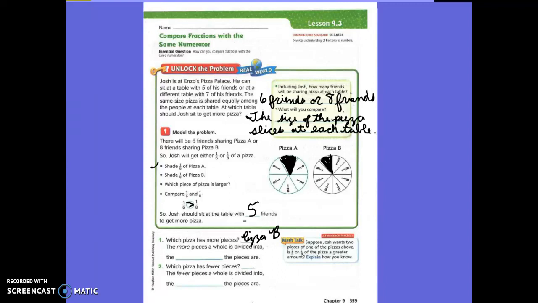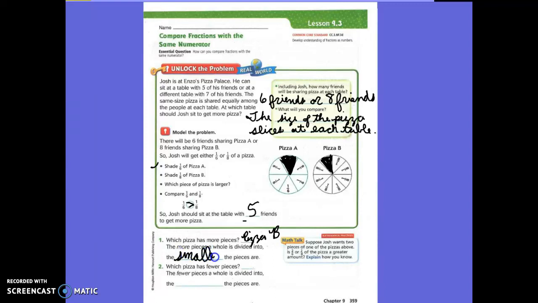Okay. The more pieces a whole is divided into, we said that pizza B has more pieces, right? But the more pieces it's divided into, the blank the pieces are, size-wise. The smaller they are. Yes, the smaller the pieces are.